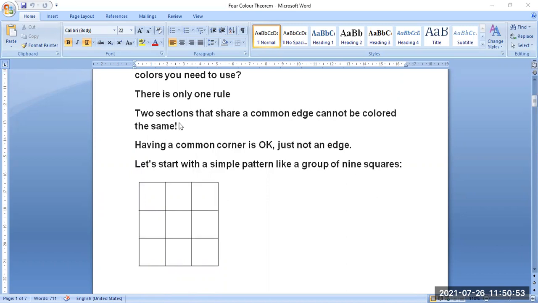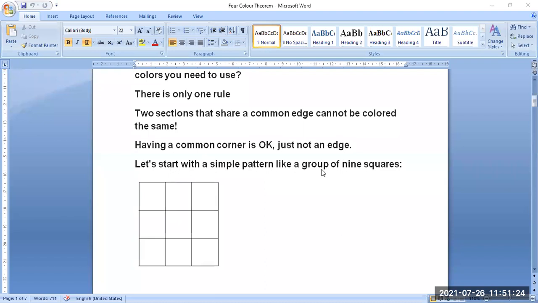Now, having a common corner is okay. This corner and this corner, they are common. Having a common corner is okay, just not an edge, right?